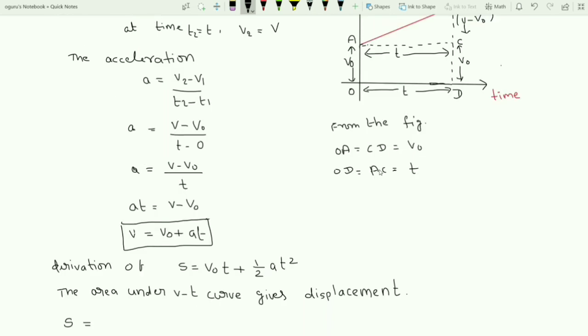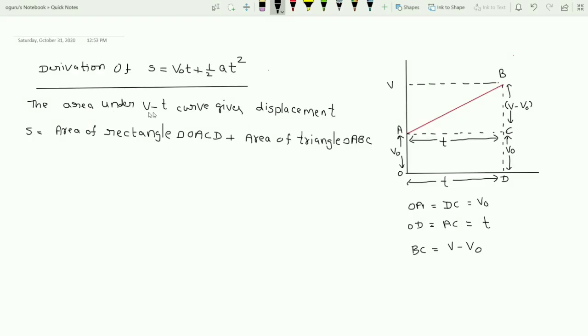From the figure, OA is equal to CD is equal to v0, and OD is equal to AC is equal to t. The area under the vt curve gives displacement.